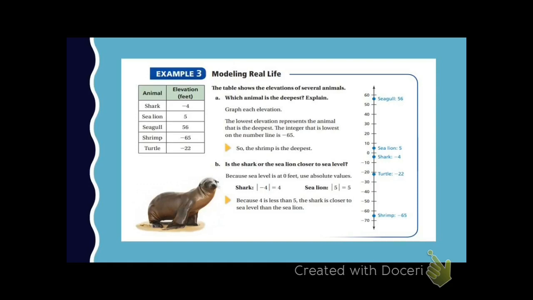All right, so here we have 0. That represents the level of the water, or sea level. And the question is, which animal is the deepest? Explain. Well, anytime you're talking about depth, I think it's a great opportunity to use the vertical number line, because it really gives you a picture in your mind showing the depth of the water.